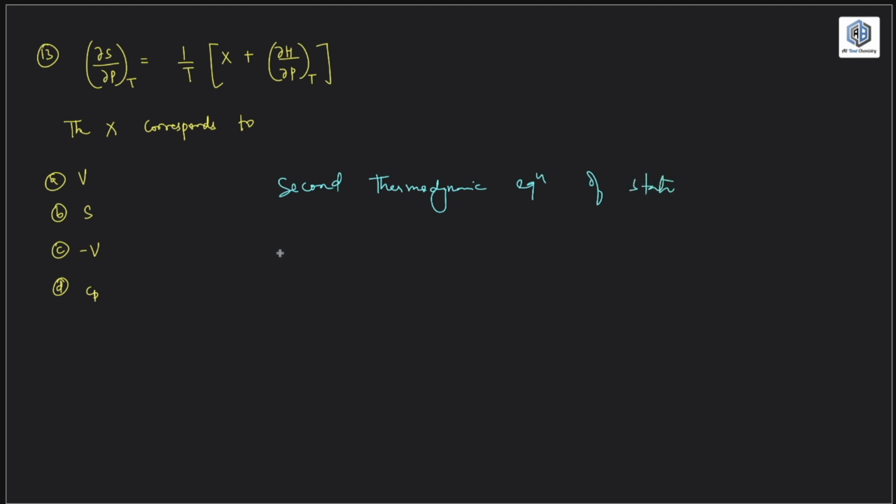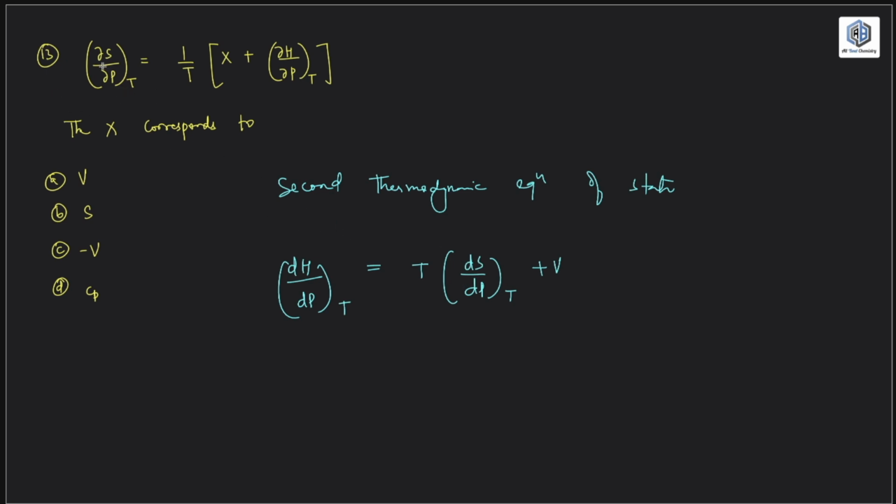The second thermodynamic equation of state says that you have dH by dP at constant T equals T dS by dP at constant T plus V. While deriving you will get that, although we convert this according to the thermodynamic relation into minus dV by dT at constant P. But let's not do that. Let's leave it till here, because these are the terms which we need.